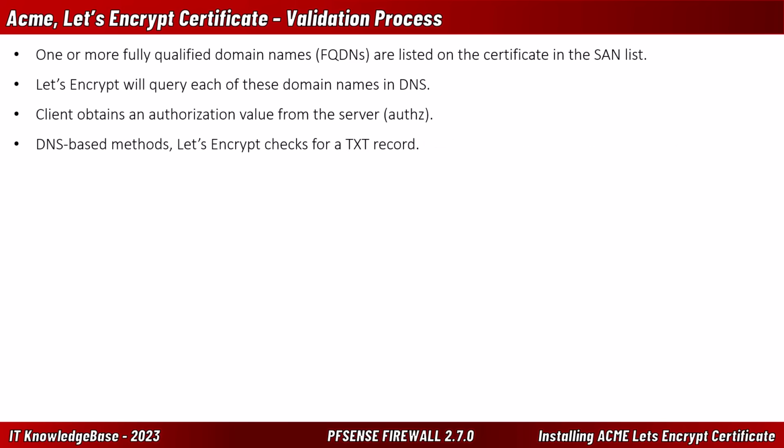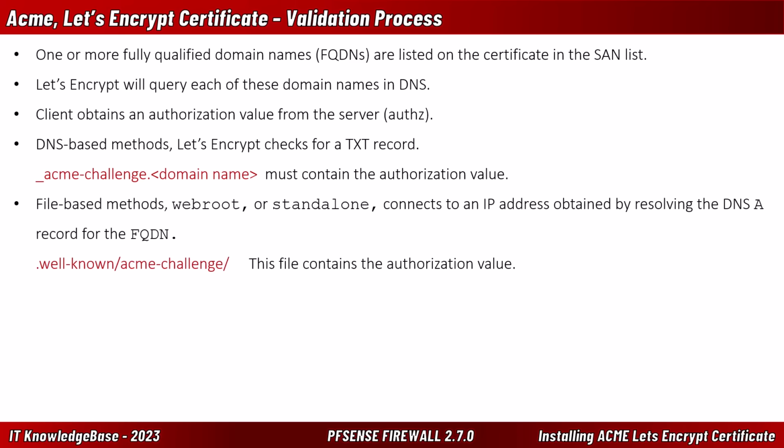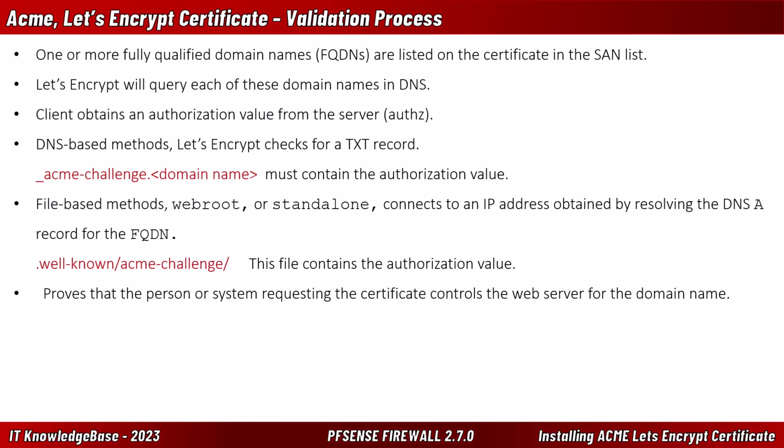For DNS-based methods, Let's Encrypt checks for a TXT record in the form of _acme-challenge.domain.com. At this location on the root folder of your domain, underneath the web root directory, this file contains the authorization value. This proves that the person or system requesting the certificate controls the web server for the domain name.